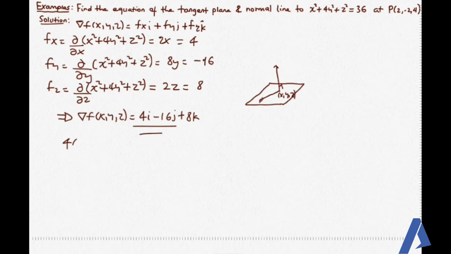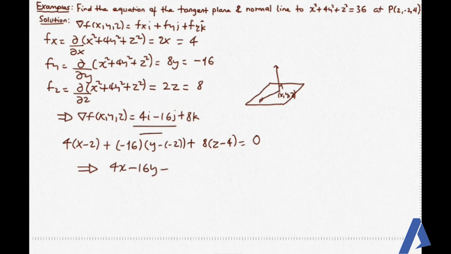So 4 into x minus 2 plus minus 16 into y minus 2 plus 8 into z minus 4 is equal to 0. This will give us the equation of the plane, which is 4x minus 16y plus 8z equal to 72.